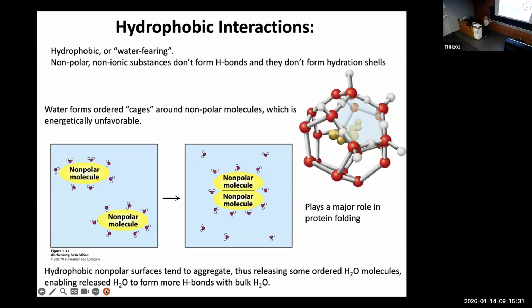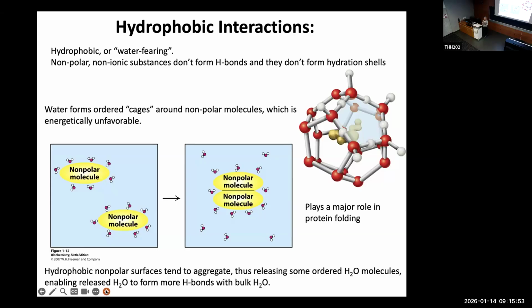Instead of having two nonpolar molecules with two ordered cages of water, they tend to come together. They're not really bonding together. They're just kind of in the same area. And the number of waters that are ordered around them is small. Okay, so that's called the hydrophobic effect.